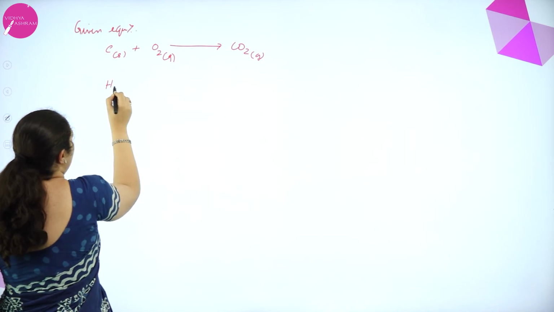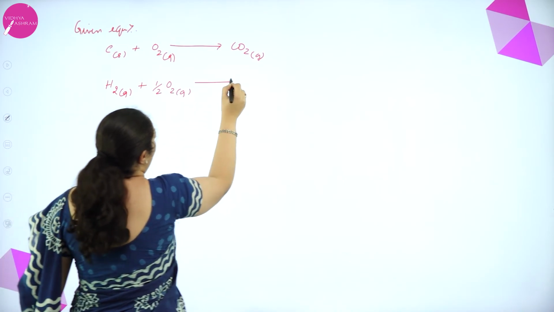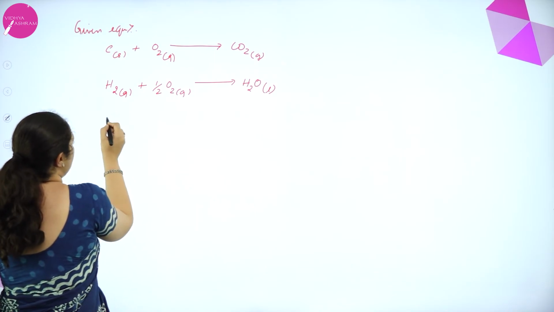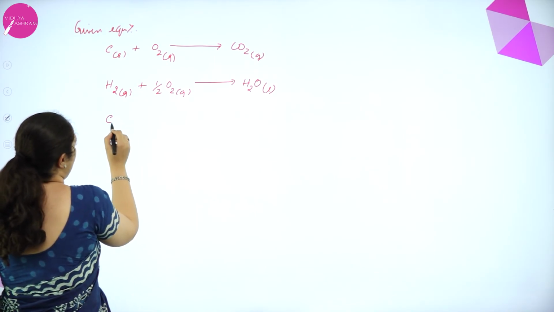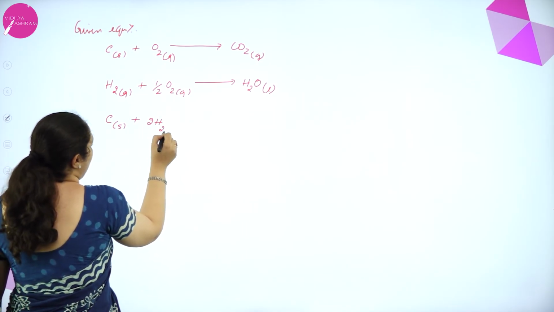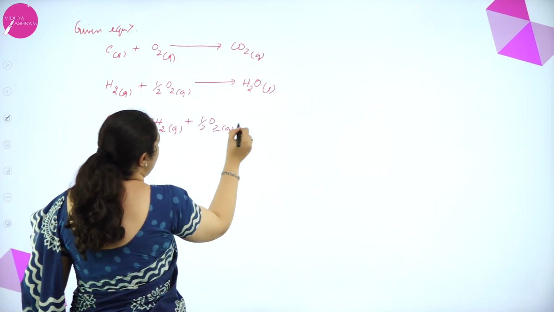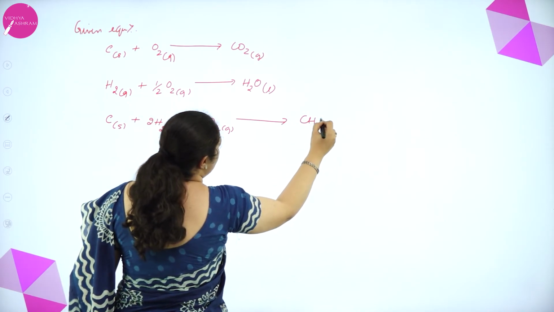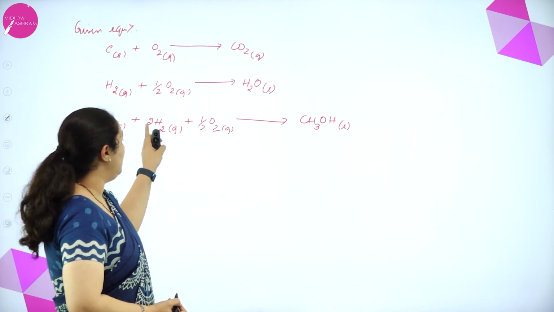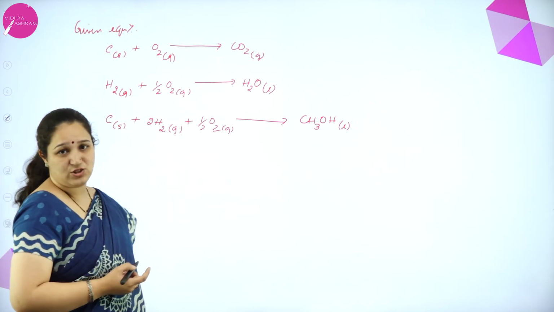And hydrogen plus half oxygen gives water, H2O, which is a liquid. And one more equation which is given: carbon, solid, plus 2H2, which is a gas, and half O2, which is a gas, reacts to form CH3OH, which is a liquid. Correct, no? One carbon atom, 2 2s are 4, 4 hydrogen atoms, 1 oxygen atom.